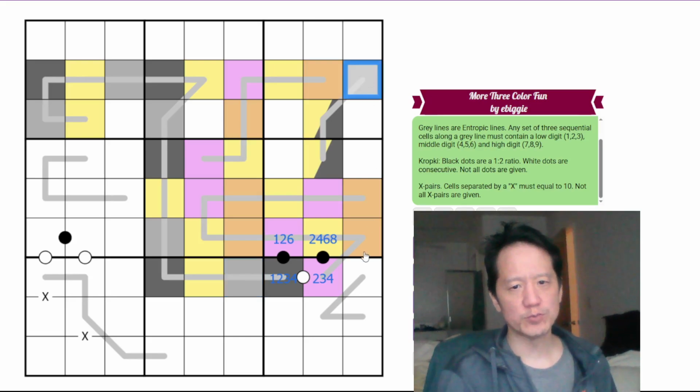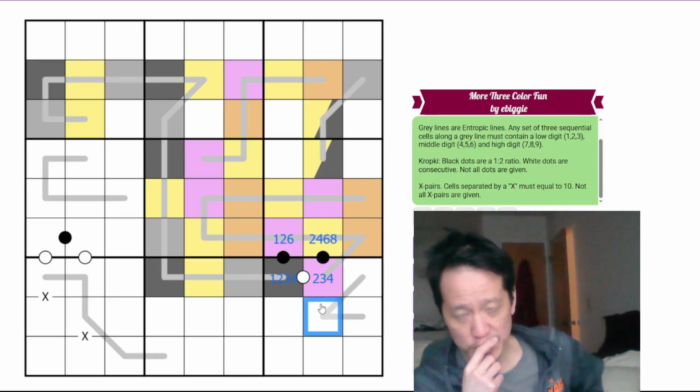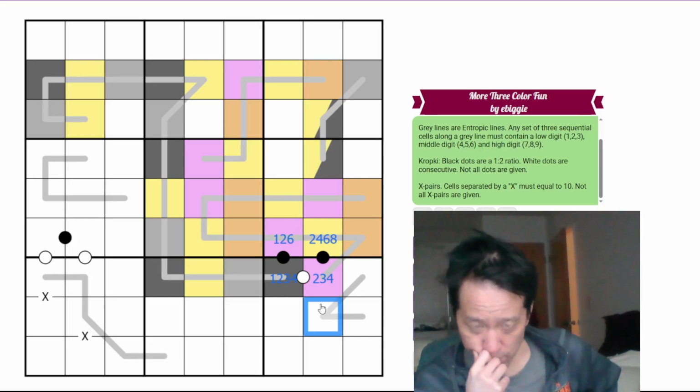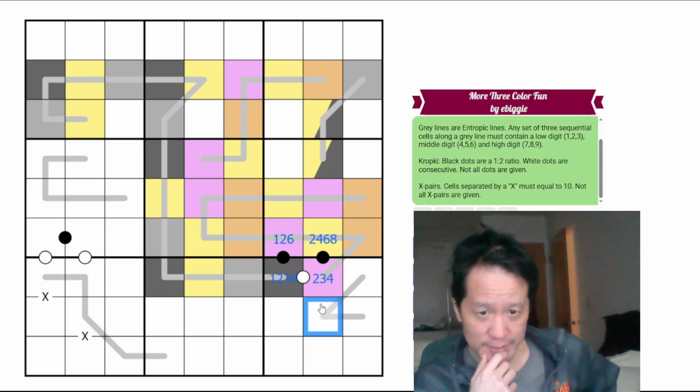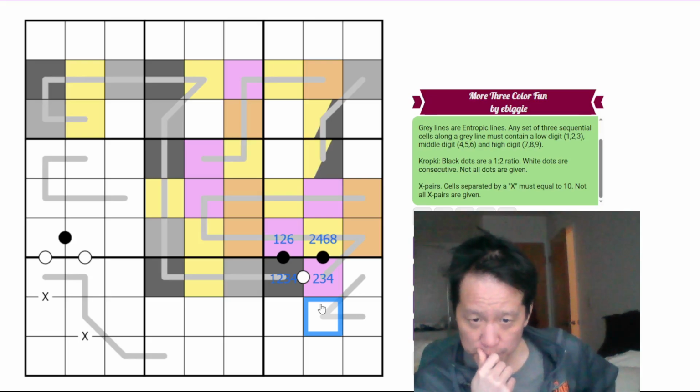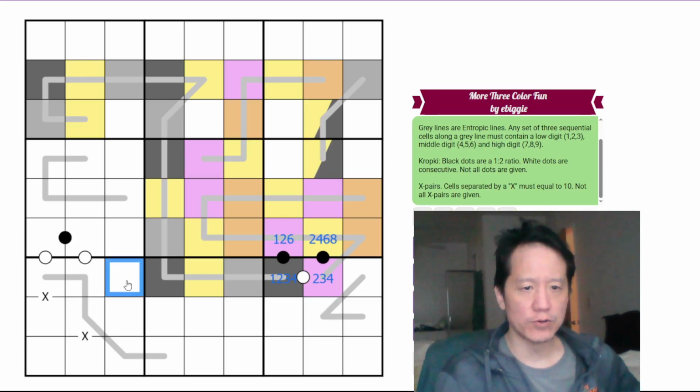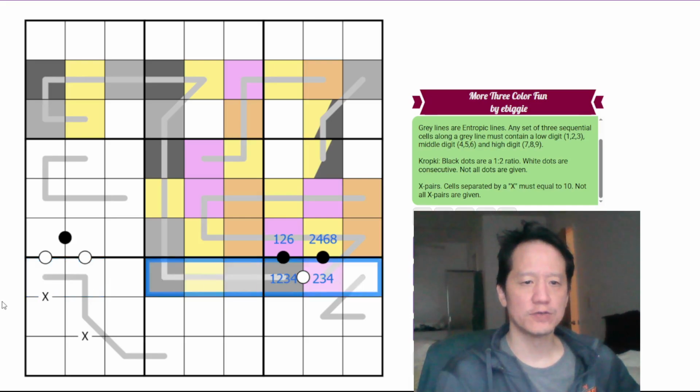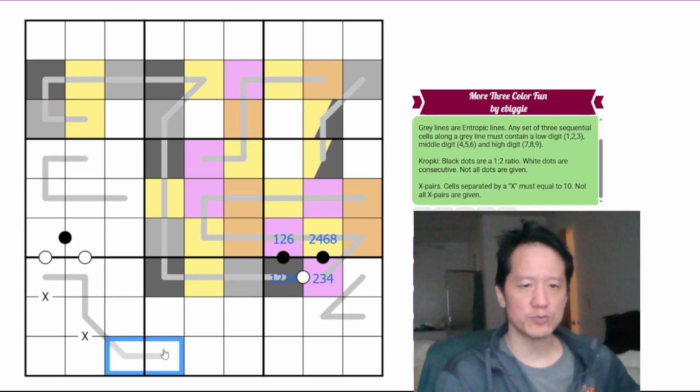So therefore, this would be orange. These could not be orange. This would have to be an orange here. I mean, that still seems feasible. Then this would be orange, and one of these two would be orange, because there's no other place for the orange in the row, right? Can't be here. Would have to be here and one of these two, which means one of these two would be orange.